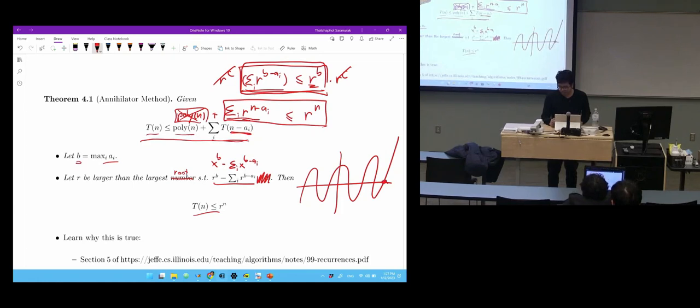This is the largest root, and you choose R to be more than the largest root, and you know that this term is going to dominate this term. That's how we get it. So it's intuitive enough, right? Yeah.